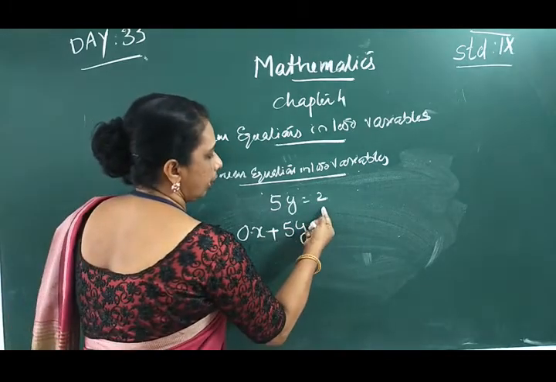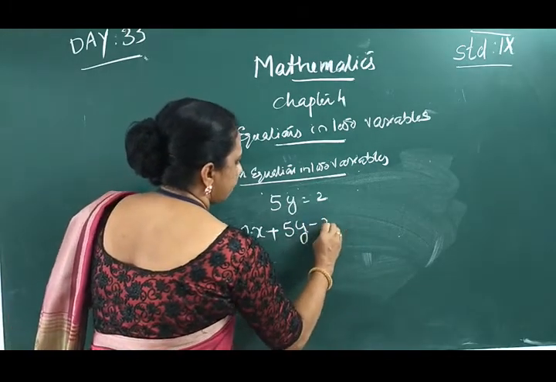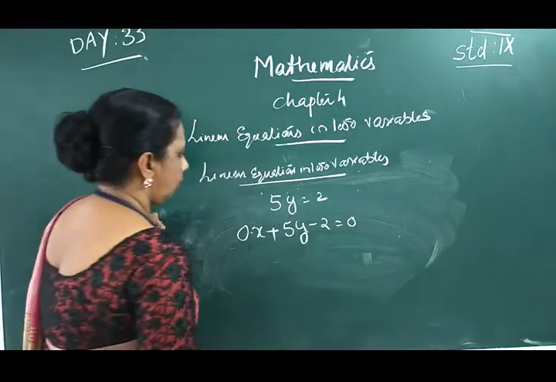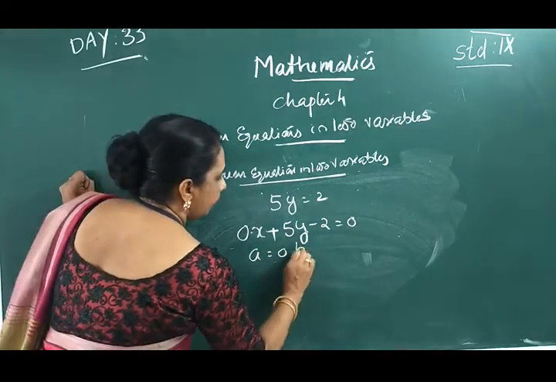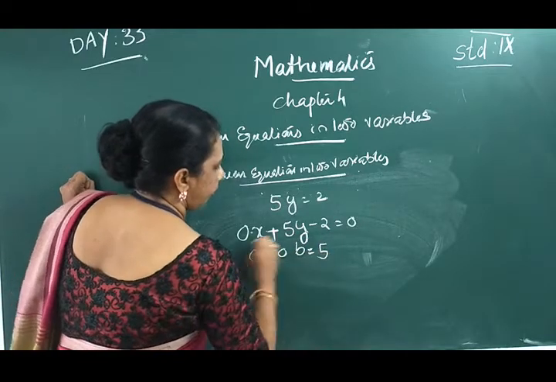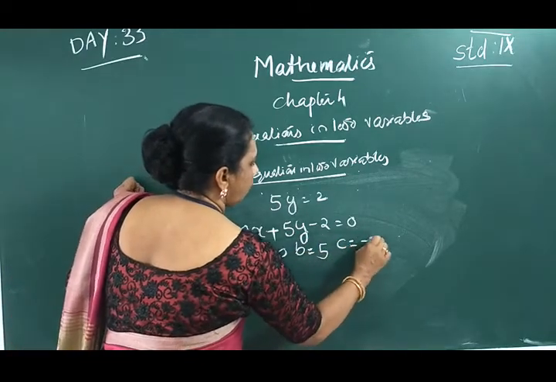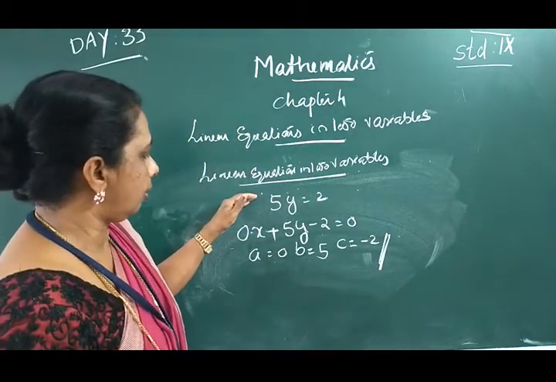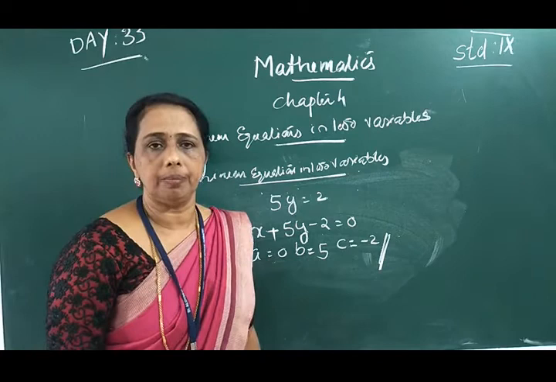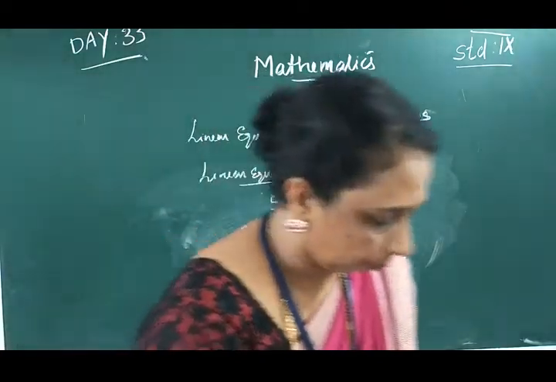This constant we have taken to the left hand side, equal to 0. Then what is a here? a is equal to 0. b is equal to the coefficient of y, 5, and c is equal to minus 2. This way you can rewrite the given equation in the form of ax plus by plus c is equal to 0.